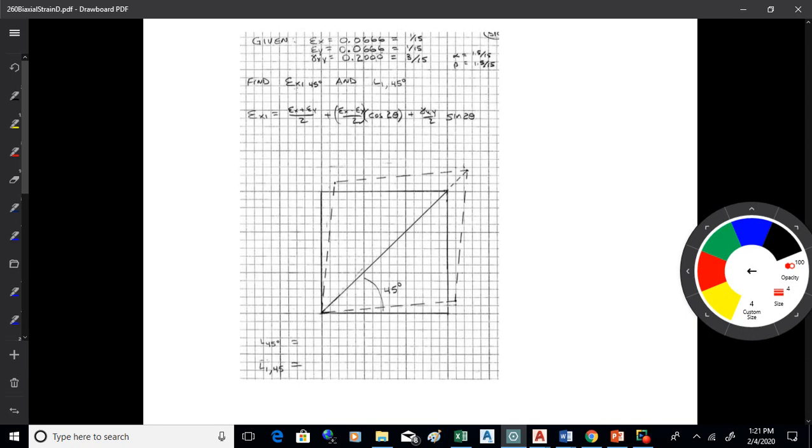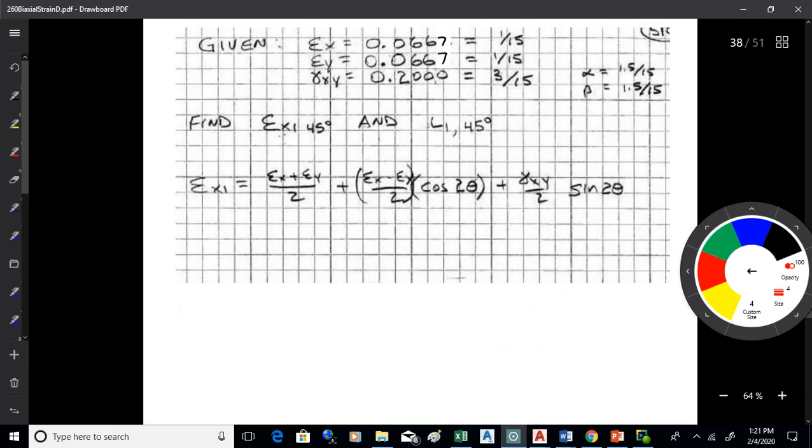All right, so what I've got here on this first one, 510, is some conditions. So I've got epsilon x, epsilon y, and gamma xy, okay? And those are given. So that's how these biaxial equations start. So I got 0.0667 for epsilon x and y, and gamma xy is 0.2. Now what I did, I drew a square there, a perfect square that's 15 little boxes by 15 little boxes.